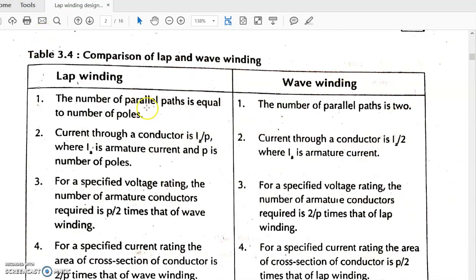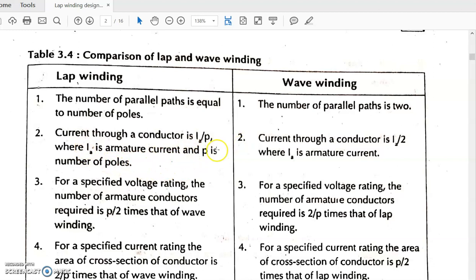As we know, the number of parallel paths is equal to the number of poles in a lap winding, and in wave winding the number of parallel paths is always 2. The current through a conductor: I is the armature current and P is the number of poles.